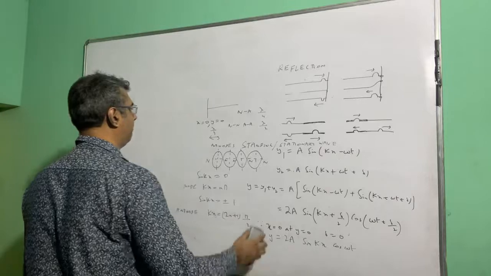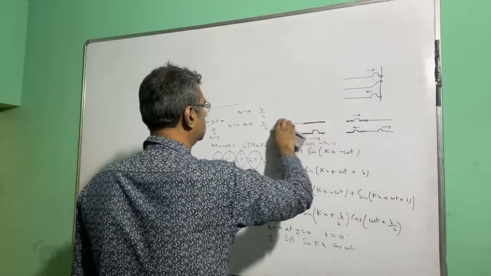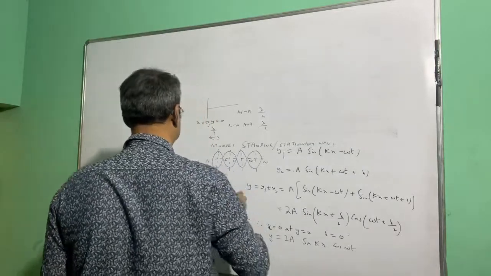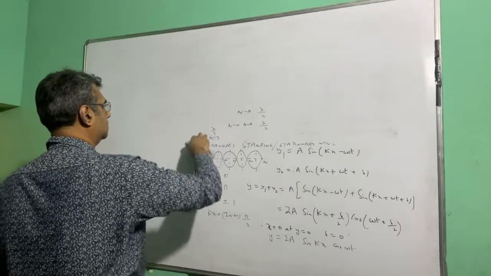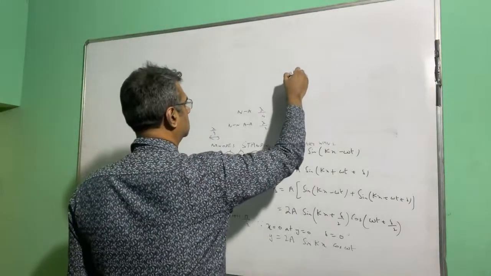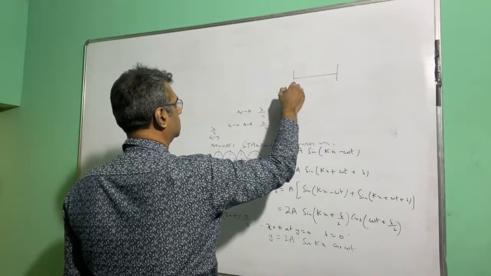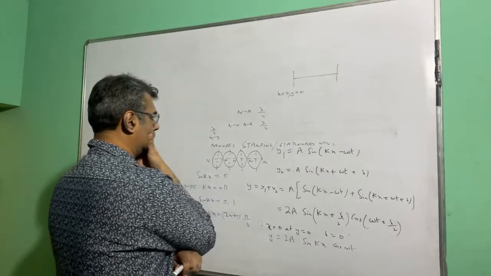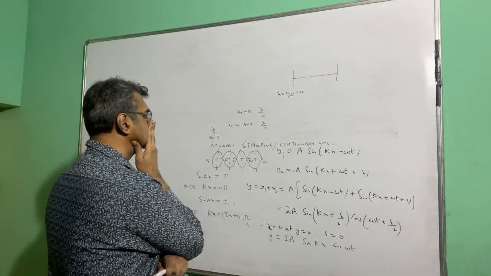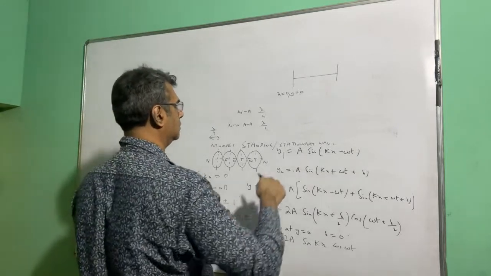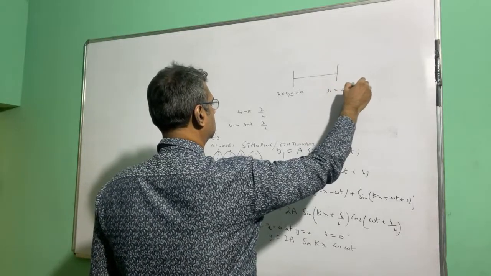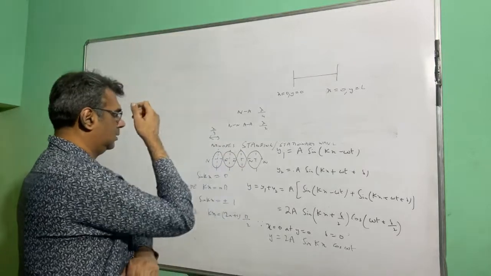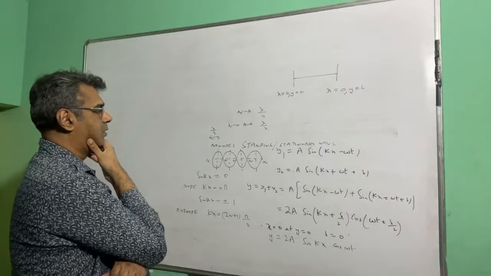Now coming back to this diagram, x is 0, y is 0, and x is L, y is 0.